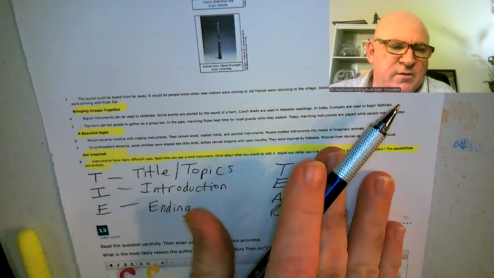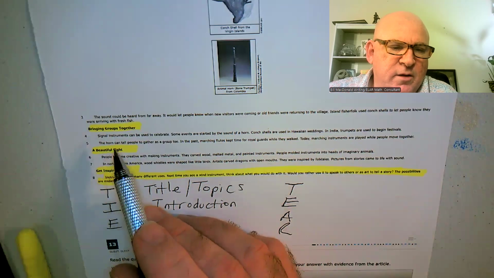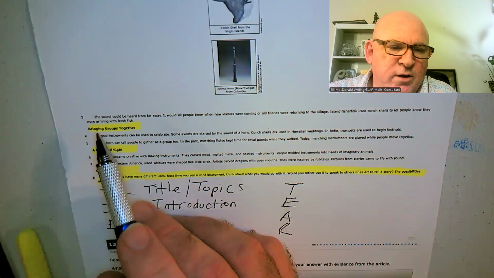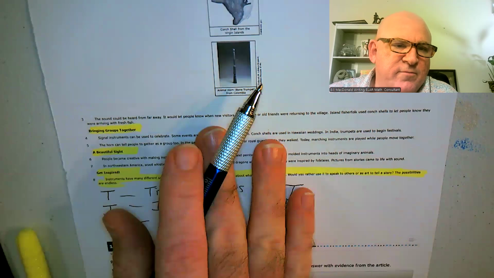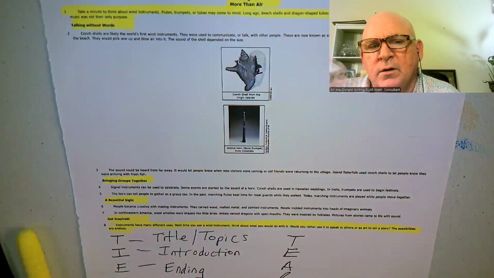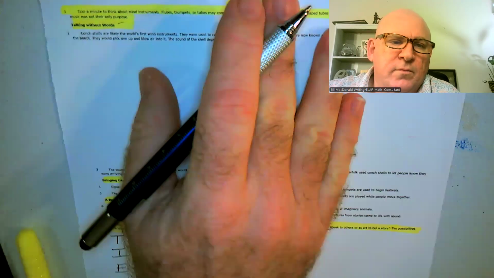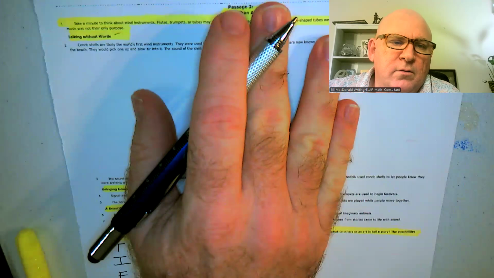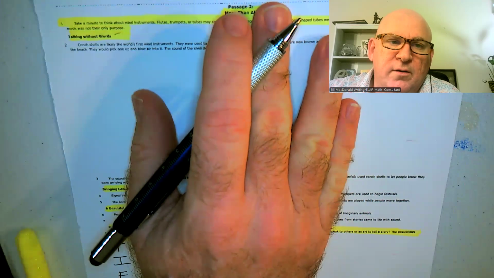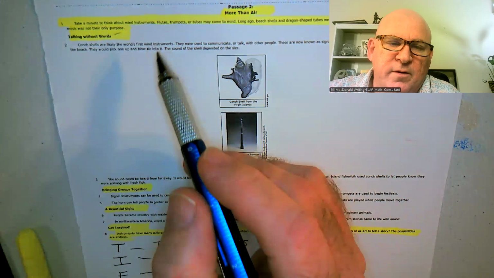Why did I say positive? Because getting inspired is positive, a beautiful sight is positive, bringing groups together is positive, and talking without words, sometimes that's good and sometimes that's bad, but since all of these other ones were positive, it's a positive thing.